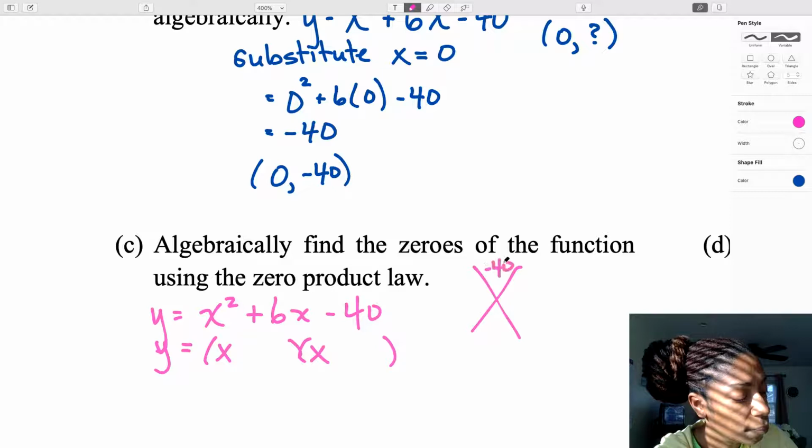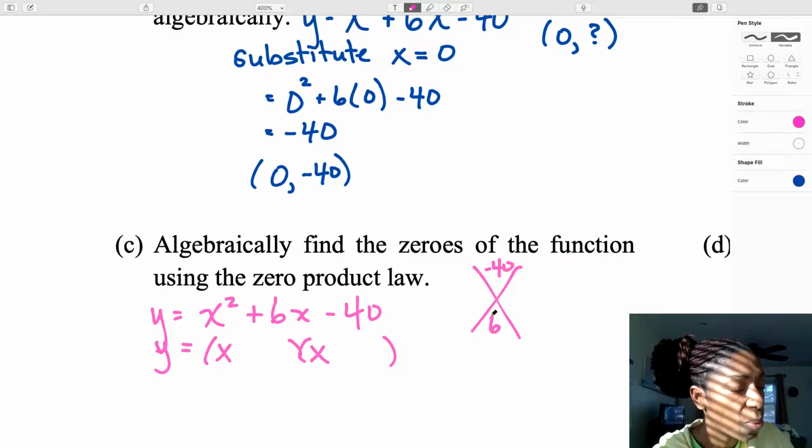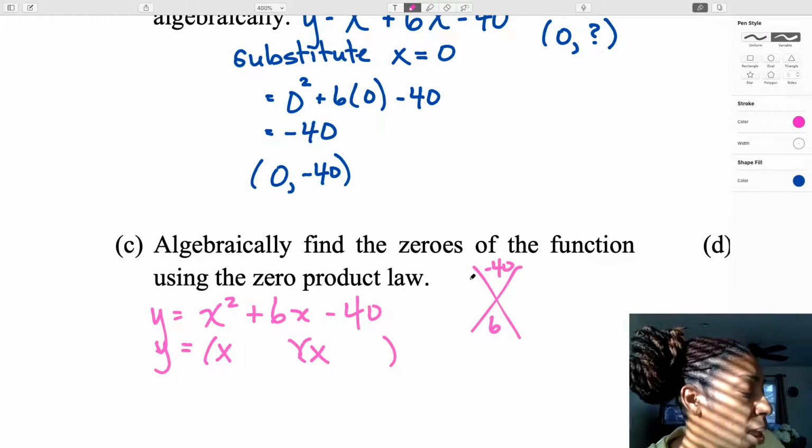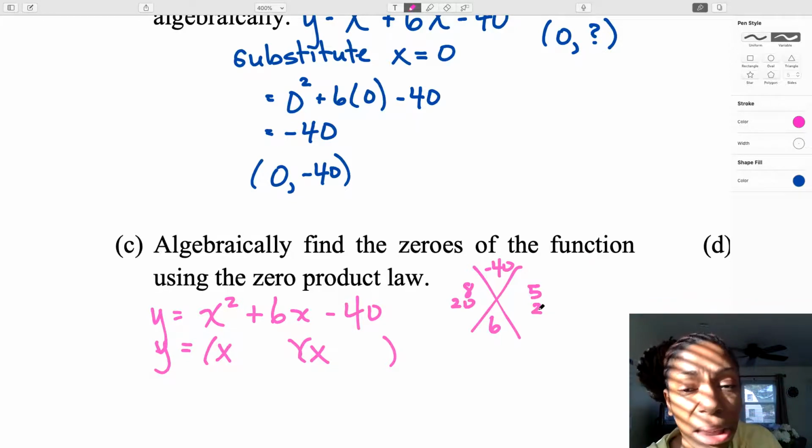Well, I'll start with the numbers that give me negative 40. Let's see, 8 times 5, that's not going to give me 6. 20 times 2, that's not going to give me 6.